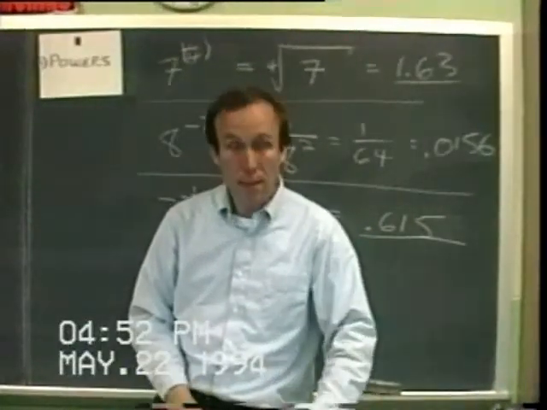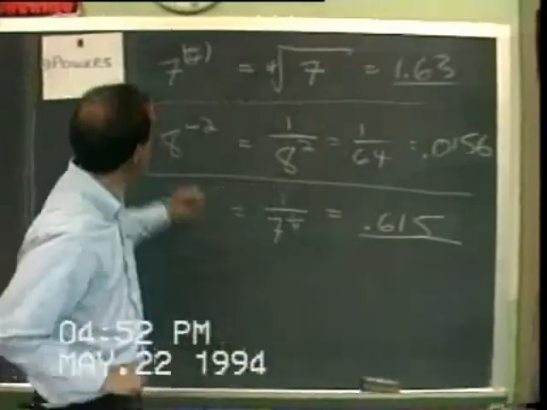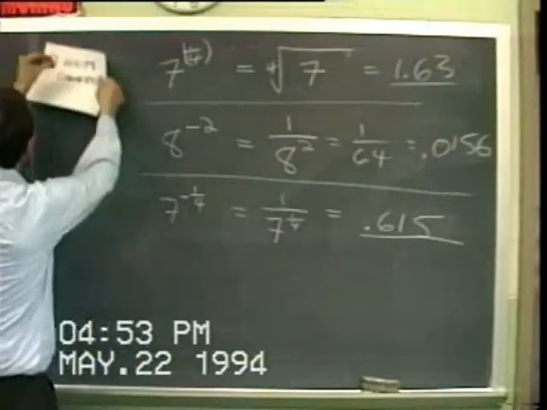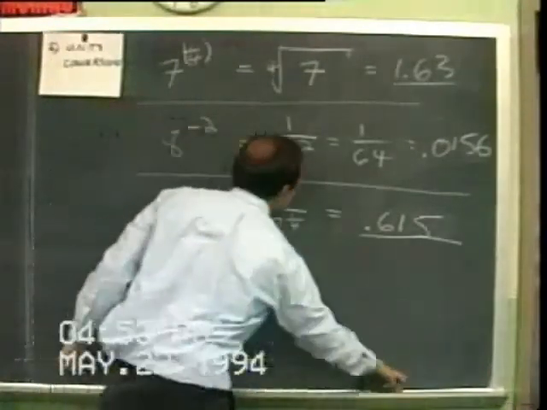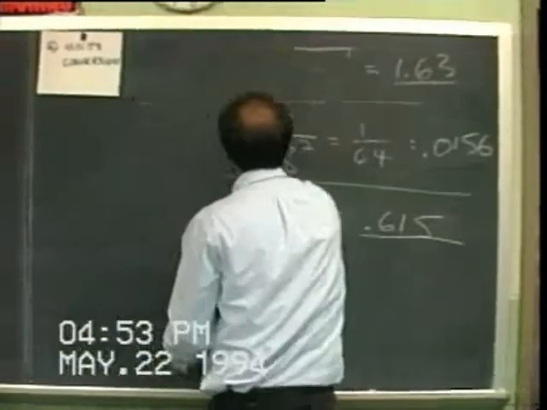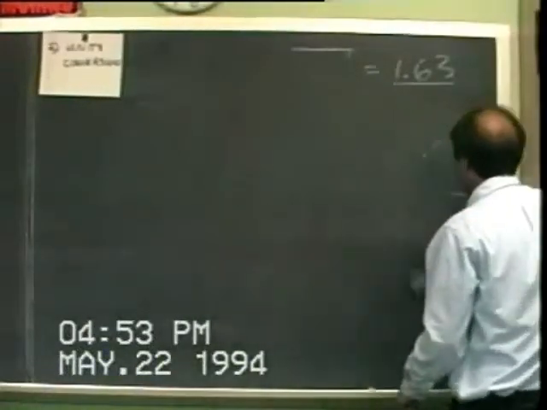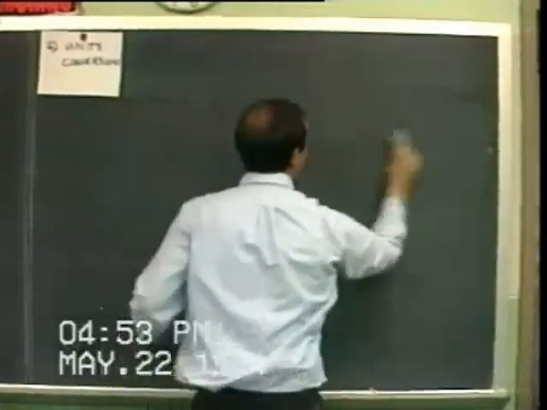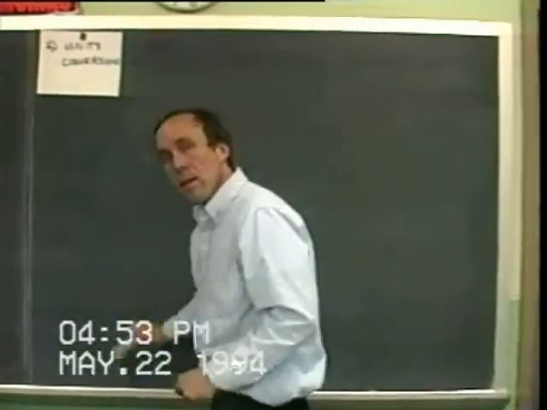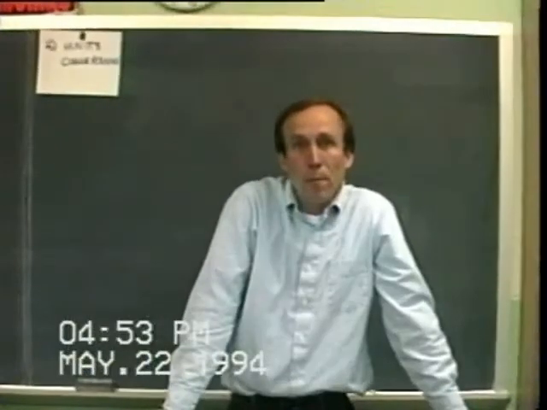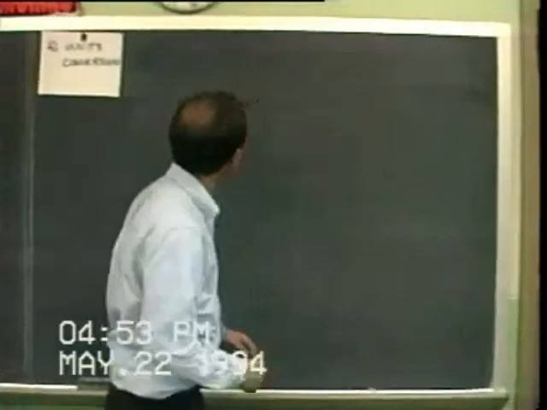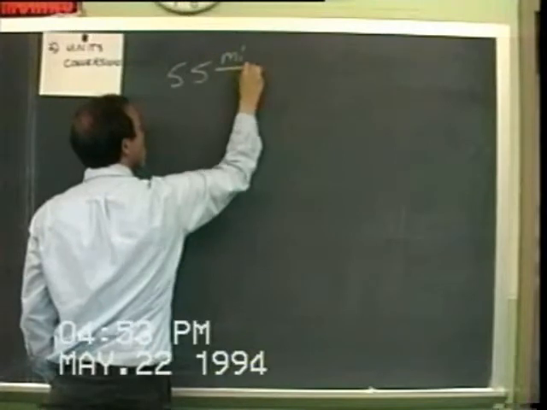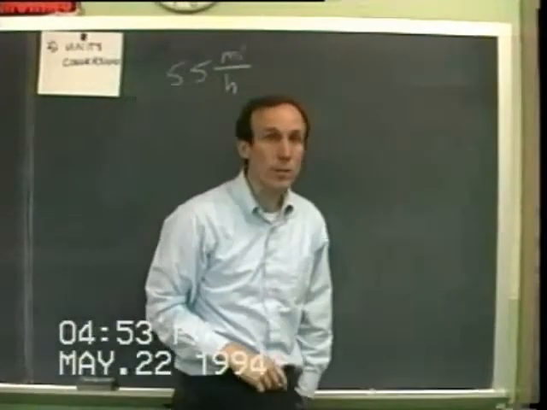Okay, next, let's look at some units conversions. Units conversions are carried out by multiplying by a well-chosen 1. For instance, suppose I want 55 miles per hour converted to meters per second.